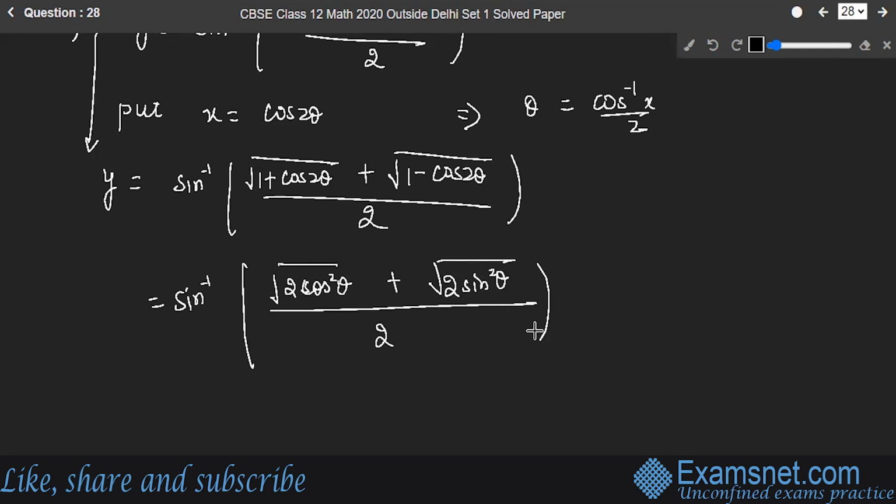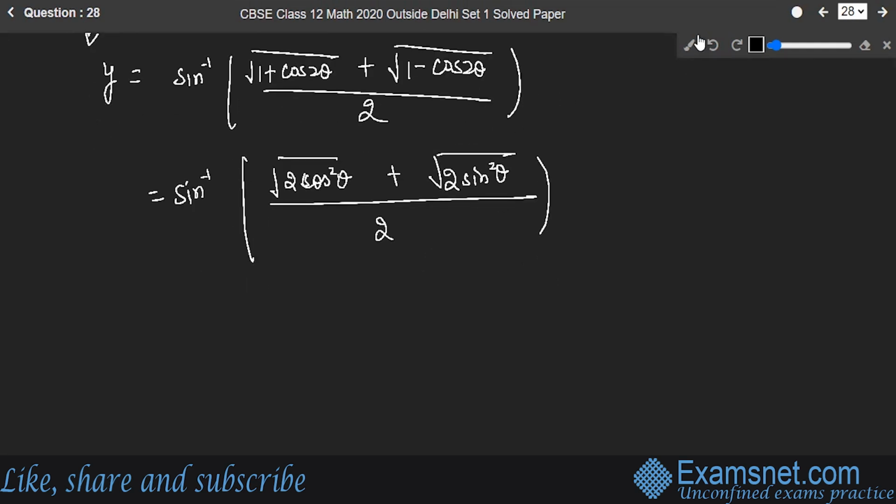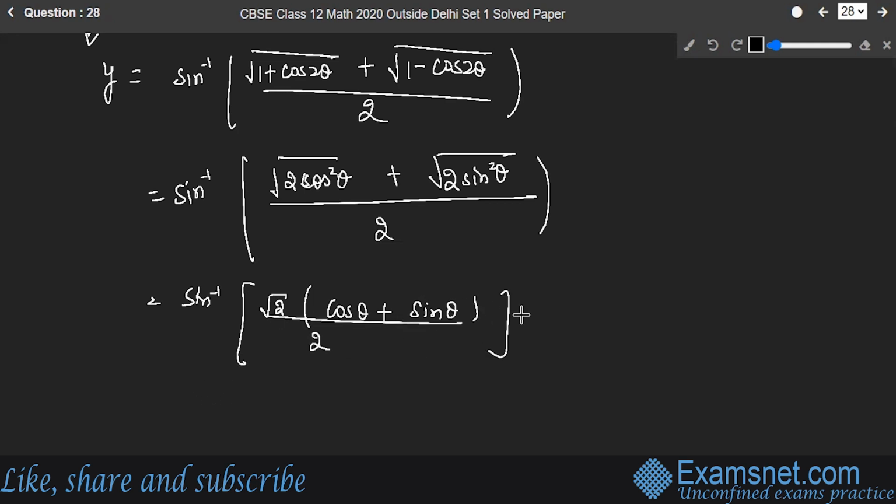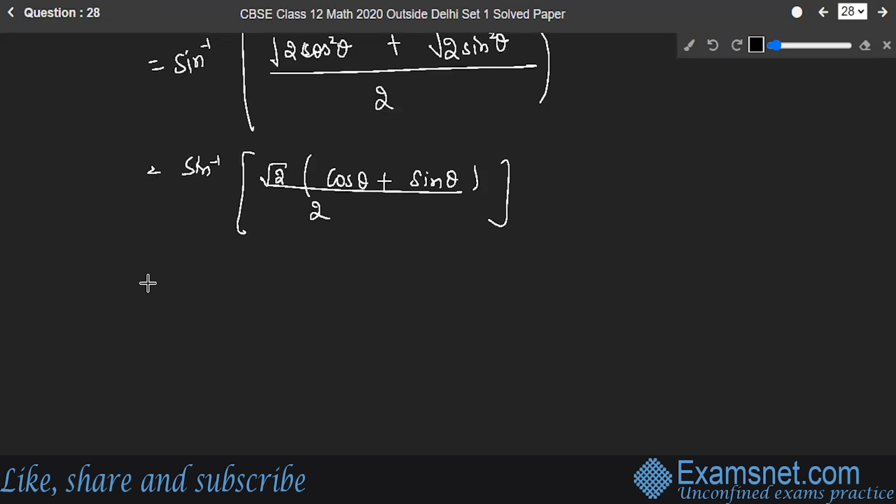Correct? So you have sine inverse, root 2 will be taken common. This will be cos theta plus sine theta, whole divided by 2. That gives you sine inverse of 1 by root 2, or you can say cos theta upon root 2 plus sine theta upon root 2.